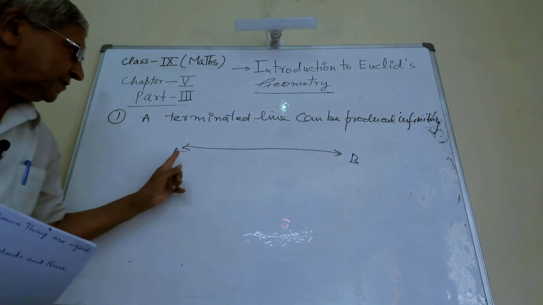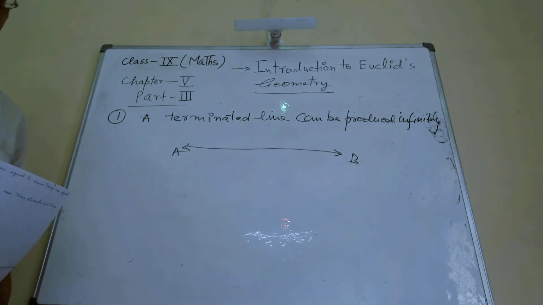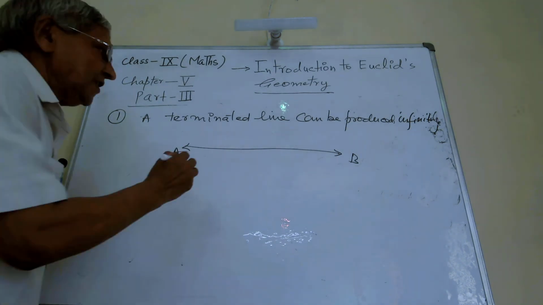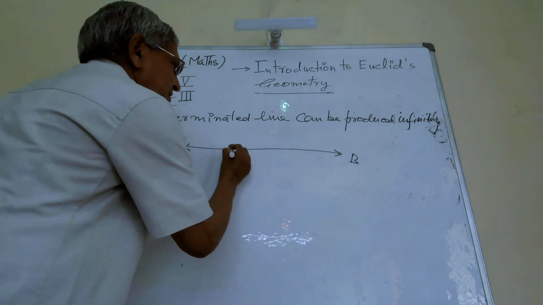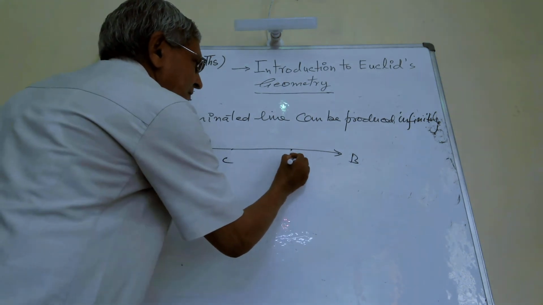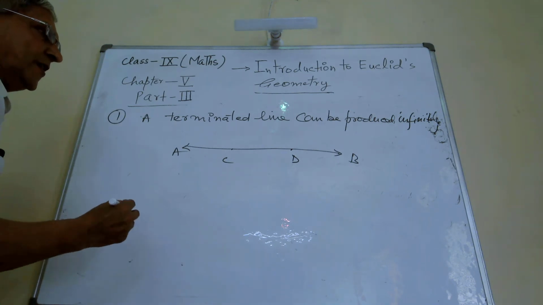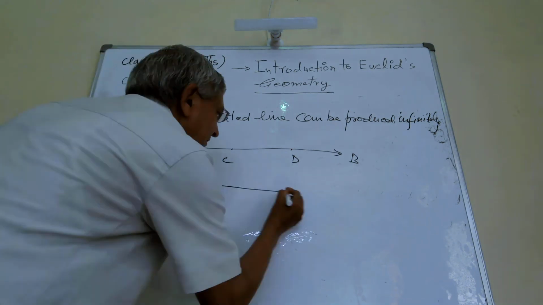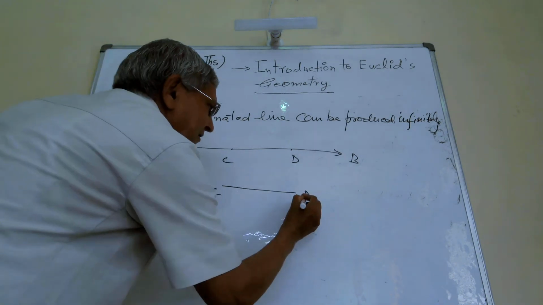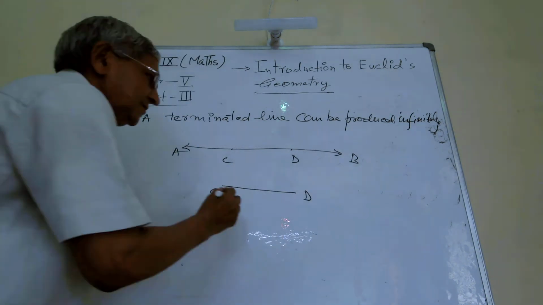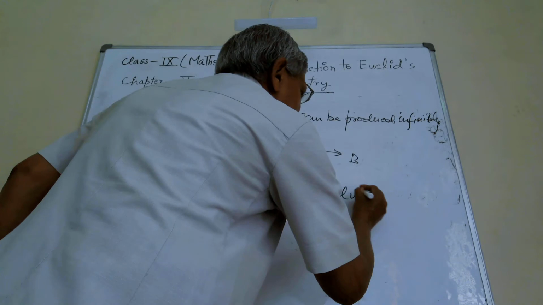These are the signs of this extension. If this is a line and there are 2 points C and D, and we cut this line at points C and D, what is CD? It is a line segment.